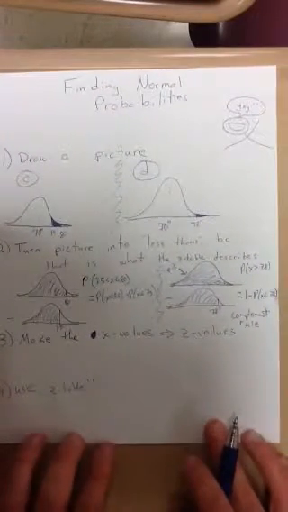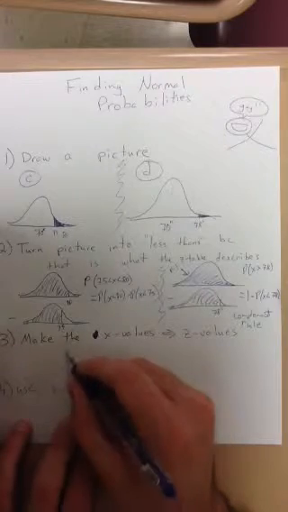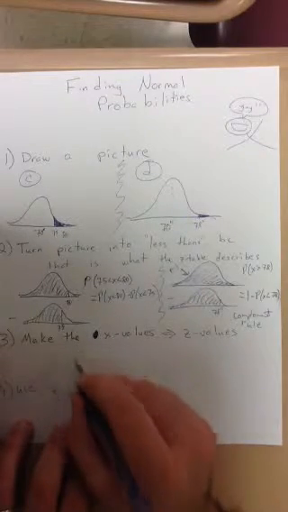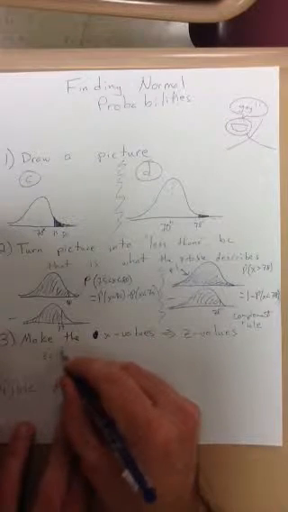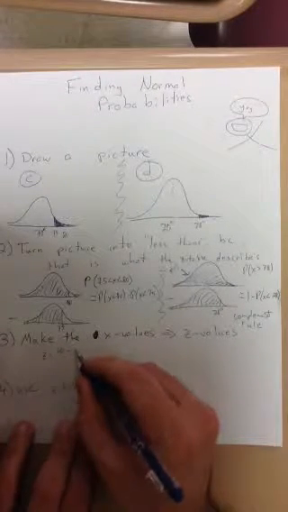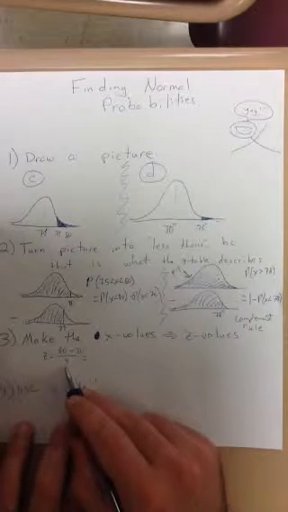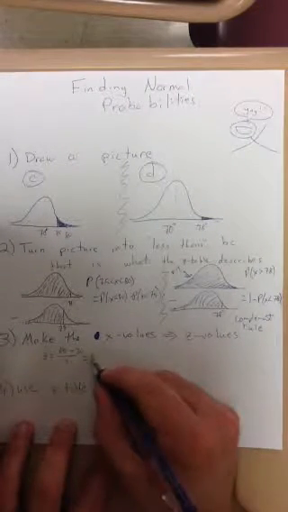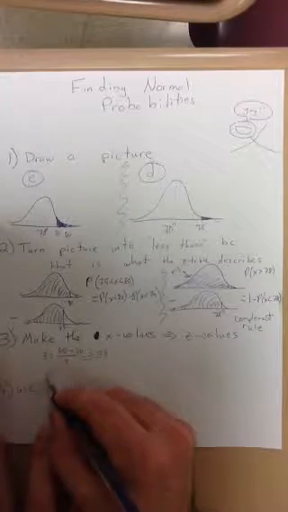Now what we're going to do is make the x values into z values. So we're going to find the first z value for 80. So z is 80 minus the average, which was 70, over 3. That's 10 divided by 3, which is 3.33. I think 2 decimal places works here.